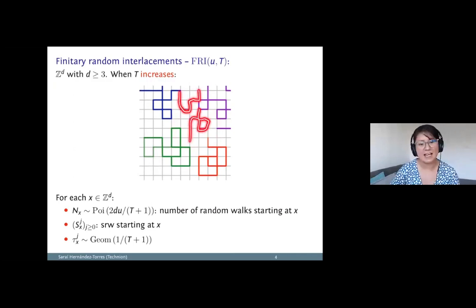And the thing is that I can couple these Poisson random variables and these geometric random variables in a way that as I increase T, these two parameters become smaller. So what I can see is that the number of random walks that are starting at each vertex is going to decrease.